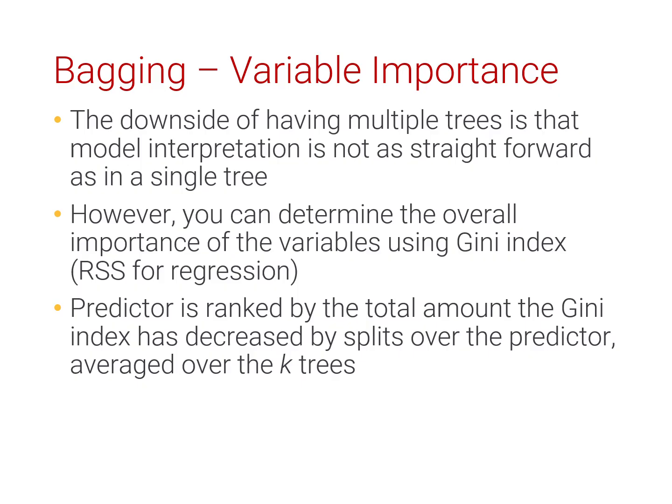By calculating the average decrease in the Gini index across all the trees, we can identify the variables that contribute most to the model's predictions and gain insights into their relative importance. This information can guide feature selection, model simplification, and interpretation, enabling us to build more accurate and interpretable bagged models.